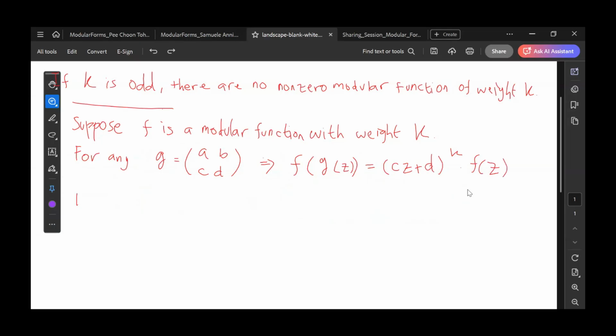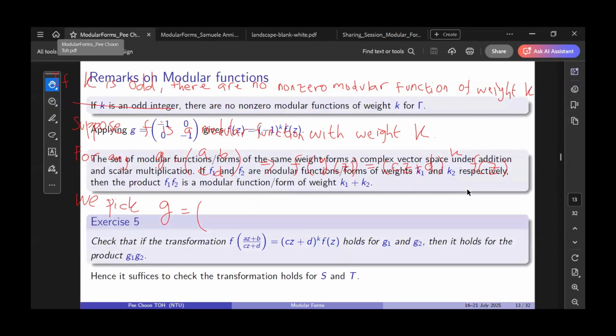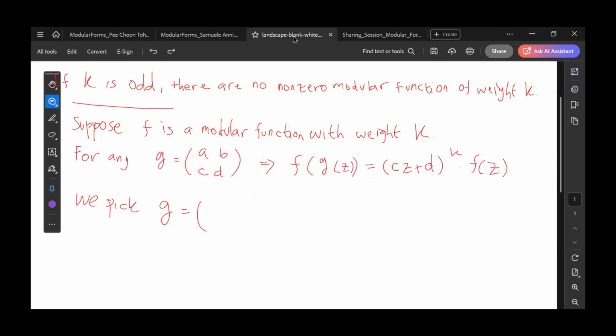So we take g to be minus 1, 0, 0, minus 1. We have to satisfy that.